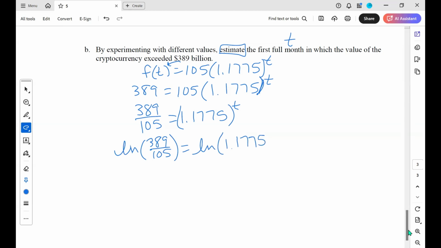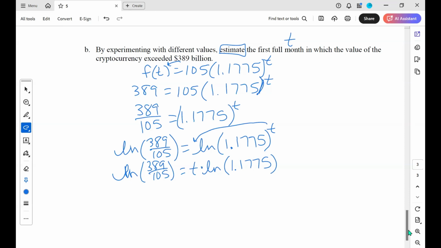On the right side we have the log of 1.1775 to the t. Well, one of the things you learned when you put logs on is that your exponent can come down in front of your logs and be multiplied. That was one of the properties, and that's the case that's going to happen here. So we'll have the natural log, that's ln, of 389 divided by 105 equals t times the natural log of 1.1775.